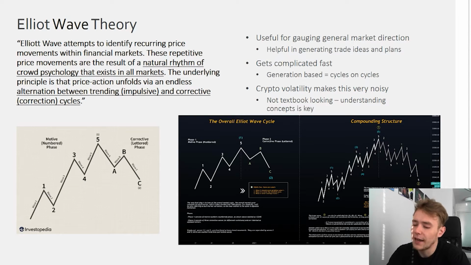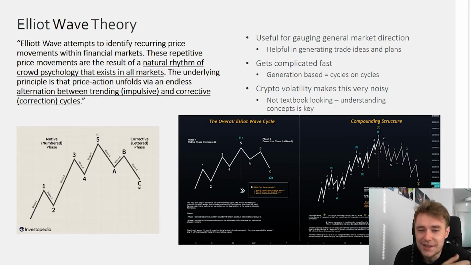It's useful for getting an idea of overall market cycles and where we could be on the higher time frames, just because on the higher time frames, if you take a step back and you use these tools through almost like a psychological lens, you see that these things will play over and over and over again, especially on the higher time frames, because unfortunately retail traders are the number one part of this market which suffers. 99% of retail traders unfortunately don't make it past 3 years.